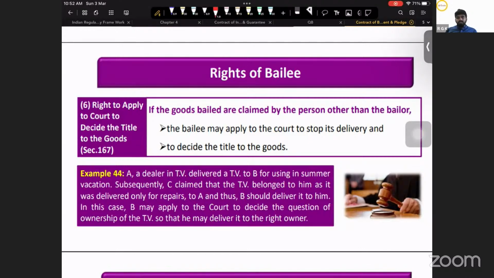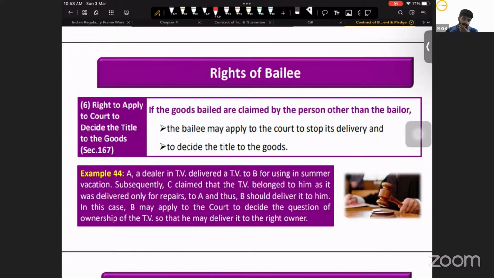So you can go straight to court and say, sir, I don't know who is the owner, please decide and tell me, then I will return the goods. Where there is a conflict as to title, the bailee has the right to apply to the court to decide who is the owner of the goods.